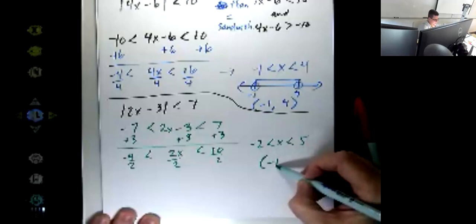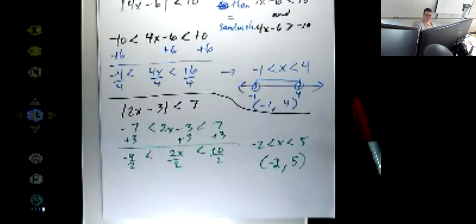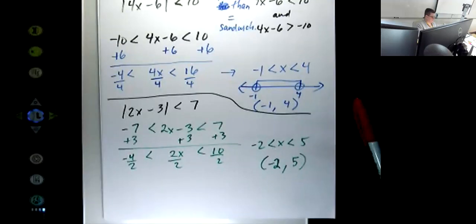And in interval notation, that is -2, 5, parentheses. Ready for another?